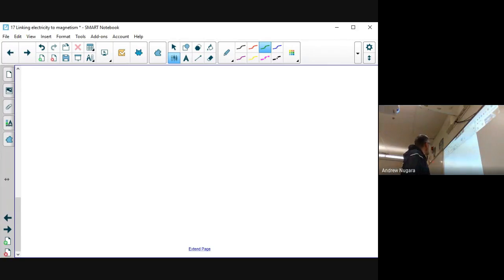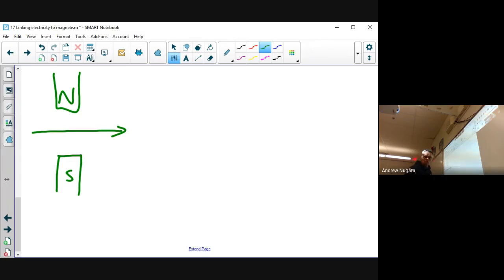Let's say that you have a magnet here, North Pole, South Pole. Now let's say you have a wire going this way. So your wire is going to the right and you're running electrons through it to the right. So electrons are going to the right and there's your magnetic field.